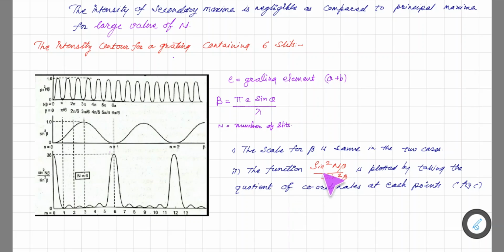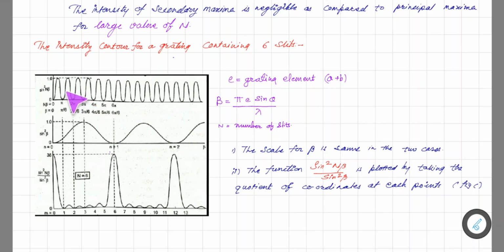Similarly, the function sine square N beta upon sine square beta is plotted by taking the quotient of the coordinates at each point in the figure. So here we see the graph, and it shows the intensity distribution at various points graphically.